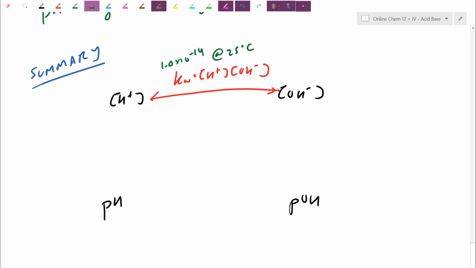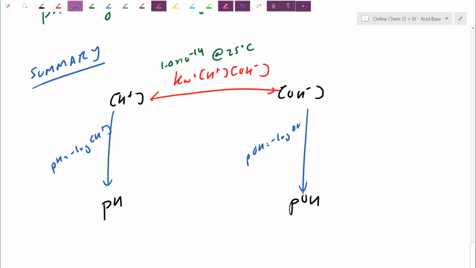If I want to go from H plus to pH, remember our solution was to put it on a log scale. The pH is the negative log of H plus, and the pOH, watching the OH concentration, is the negative log of OH minus. Those are 2 separate rulers. We just undid the math here.